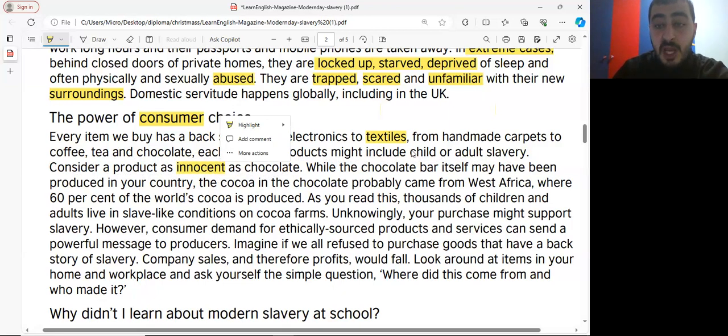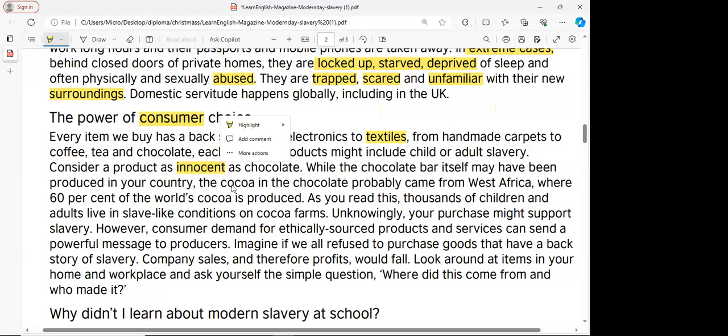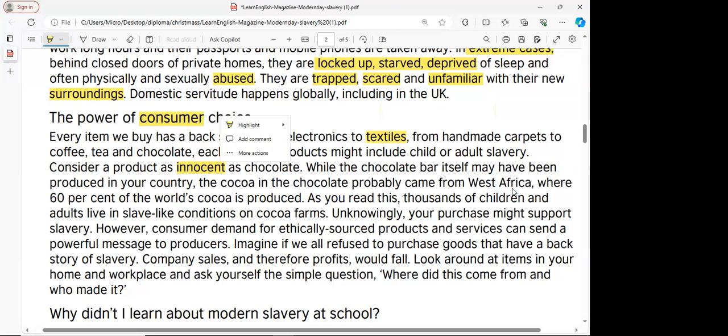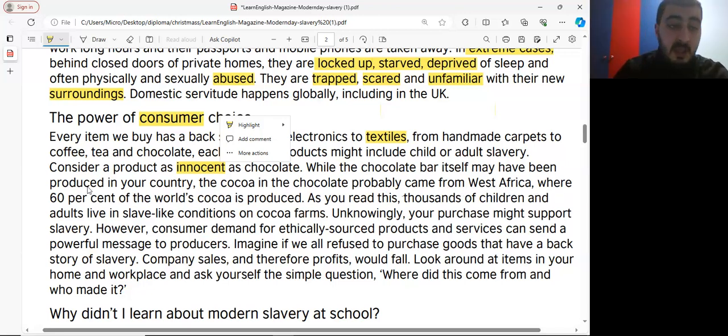While the chocolate bar itself may have been produced in your country, the cacao, or cocoa as they say, in the chocolate probably came from West Africa, where 60% of the world's cocoa is produced.